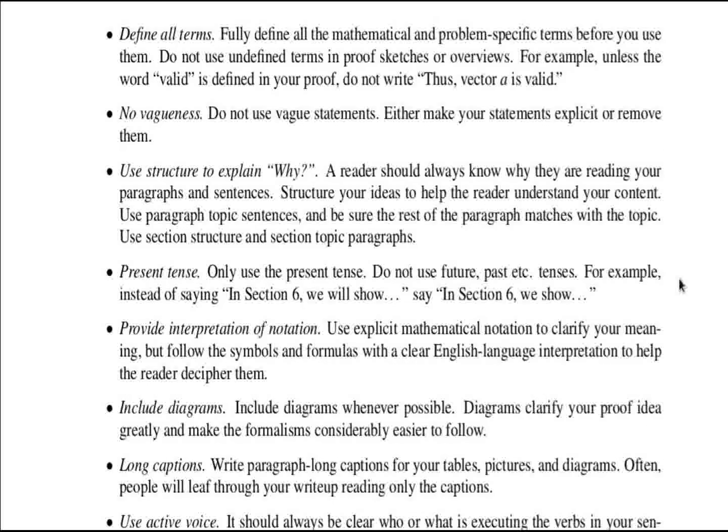The next is use structure to explain why. What I mean here is that your reader should always know why they're reading a certain part of your document. This goes for a section, the document overall, and each paragraph. So use structure within those to tell the reader why they're reading it. So for example, use topic sentences on your paragraphs to tell them what the content of that paragraph is and its purpose.